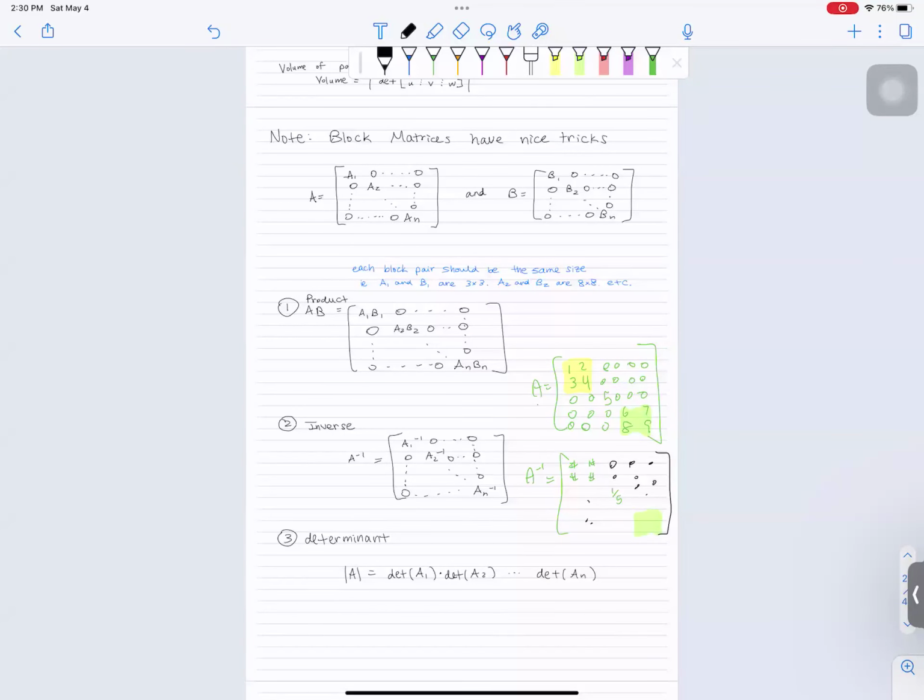Question in the chat. When finding center of mass for the last problem, why didn't we do a triple integral instead of a double integral? Yeah, it would be a triple integral, sorry. Oh yeah, I guess there would also be a dz. Thanks for catching that.